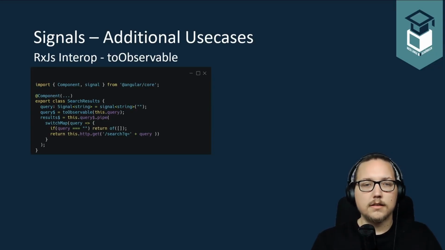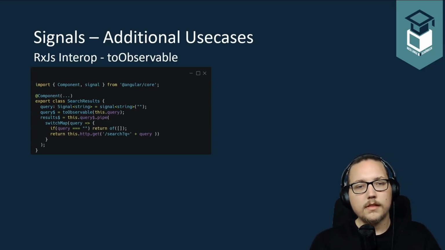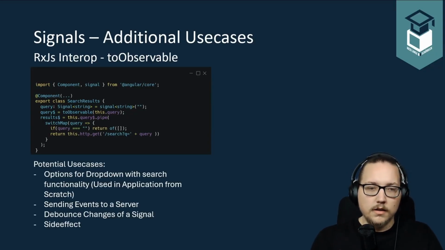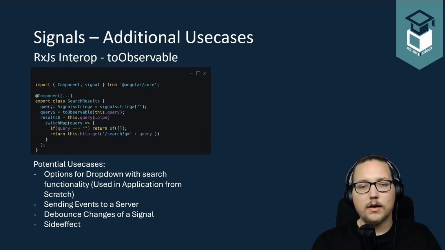You can see that this is the use case where we have a signal that is the query, the user input, for example, and then we get the results from the backend or from an endpoint with the matching query. And that happens each time the signal gets updated. We then have the results observable. As I said, that's the more advanced part of the options for the dropdown, but we also use this in our application from scratch, in our weather app.